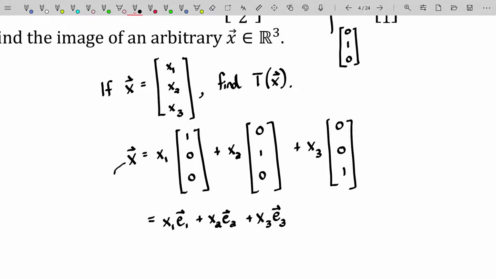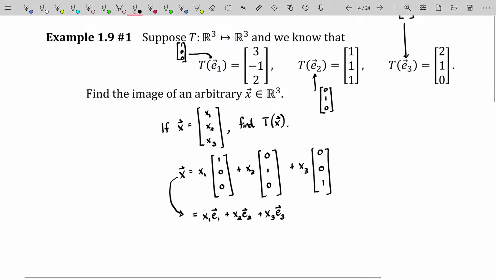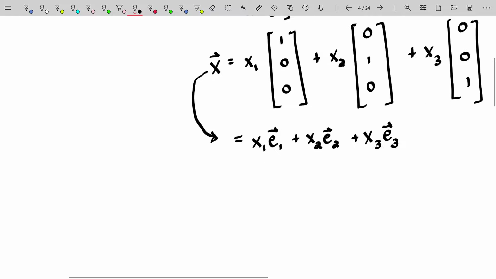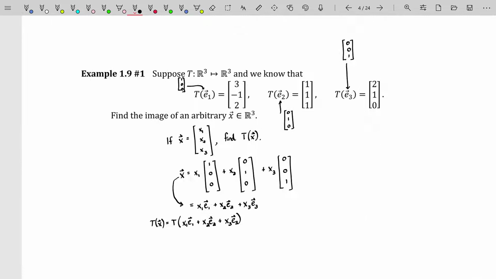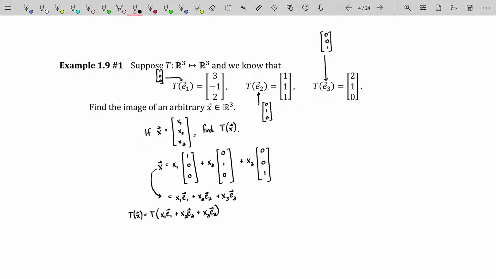Now, since that's what x is equal to, we'll go ahead and apply the linear transformation to both sides of that equation. That is, we'll look at T of x and realize that we could have rewritten that like this right here and used the fact that our transformation is a linear transformation.